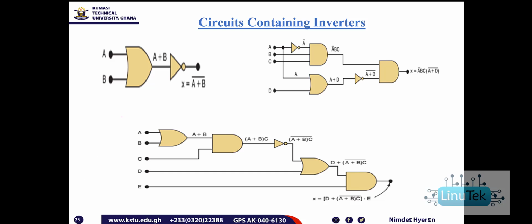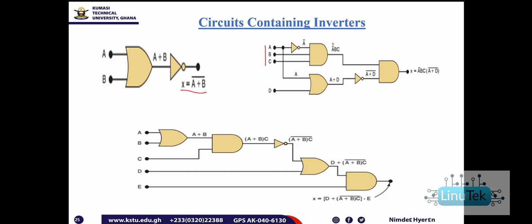Here, because the inverter is at the output of the OR gate, the whole output is inverted. Here, because of all these three inputs, it is only the A that is inverted.